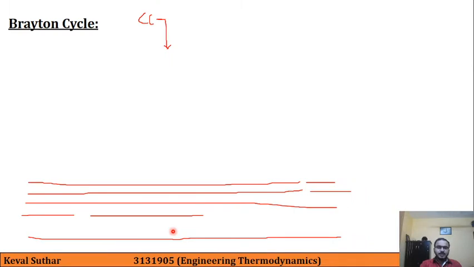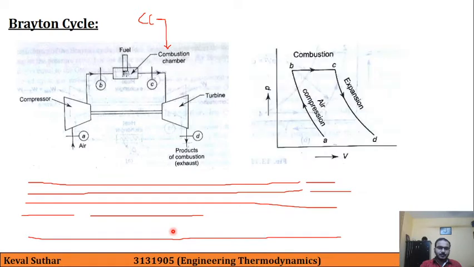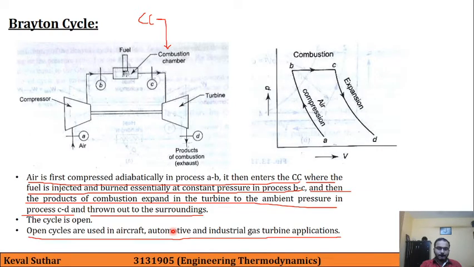Then our next theory was the Brayton cycle. The Brayton cycle is used in aircraft, automotive and industrial gas turbine applications. We have three components here: compressor, combustion chamber and turbine.